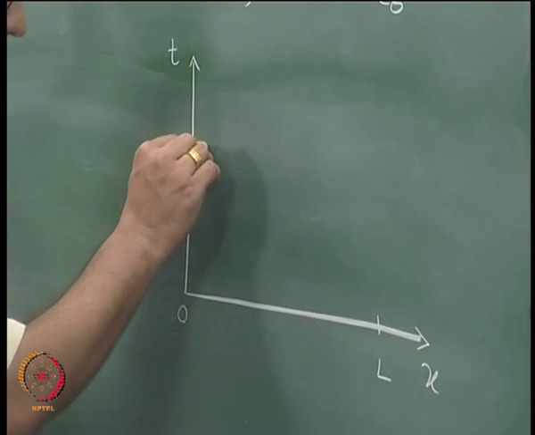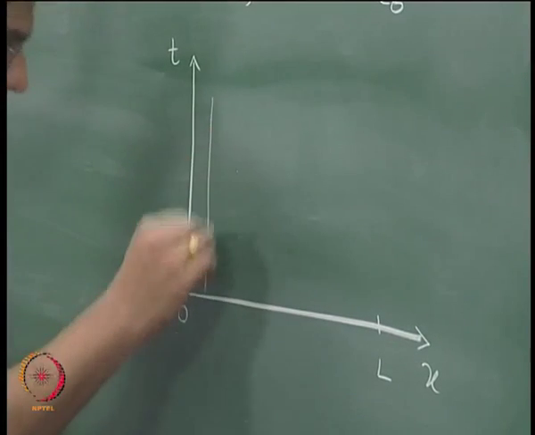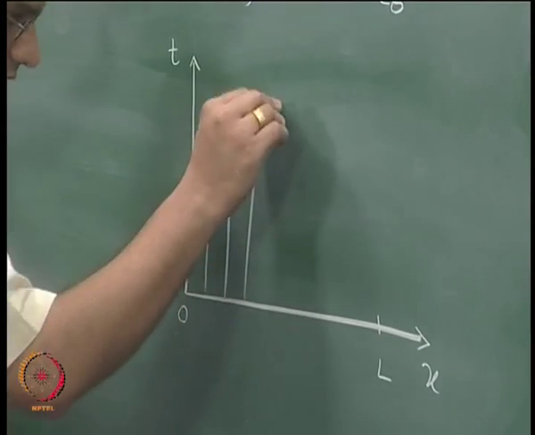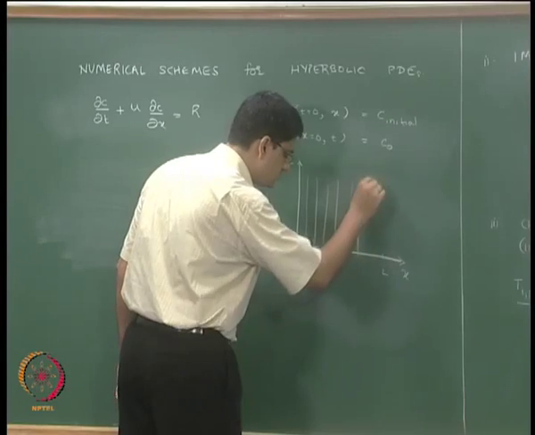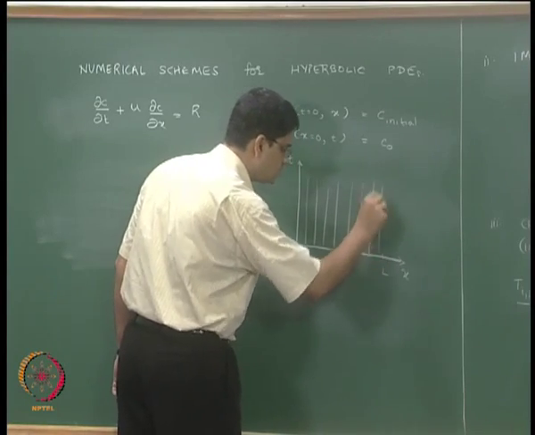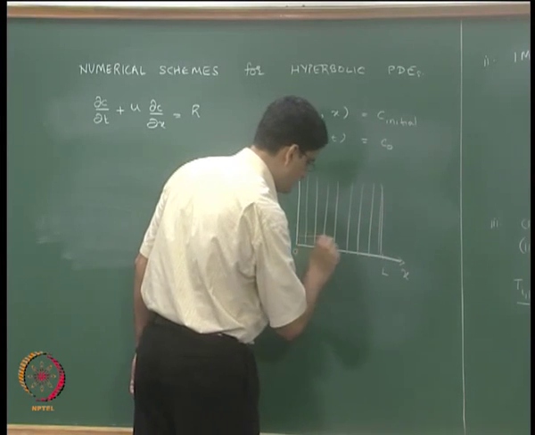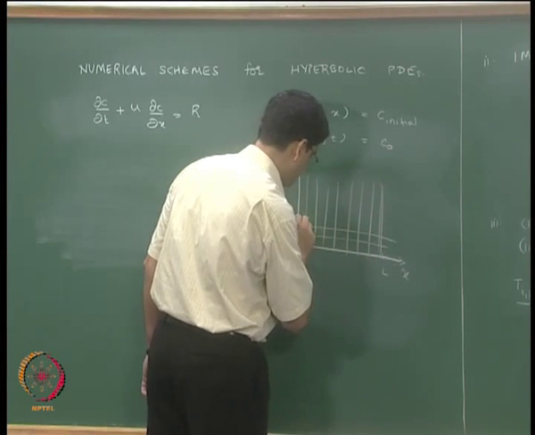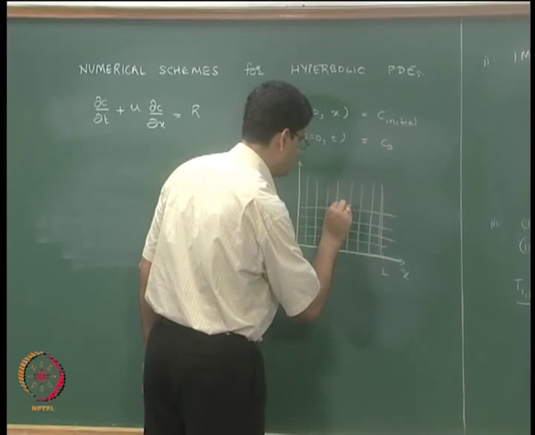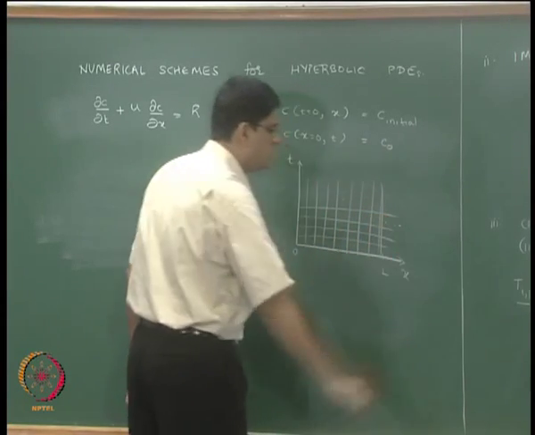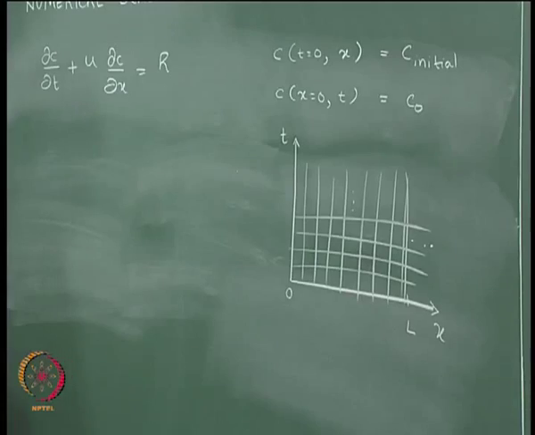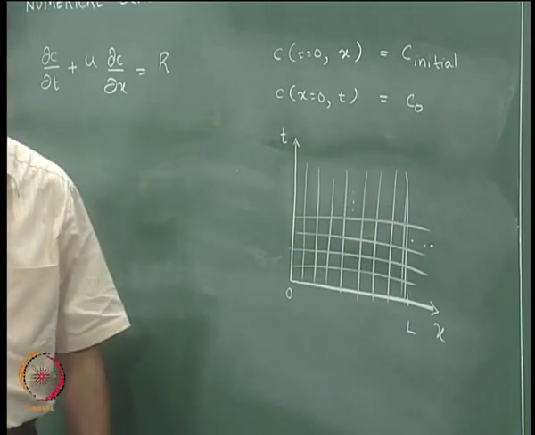So if we draw the grid as we had drawn previously, okay, we will get a similar grid as we had done previously.